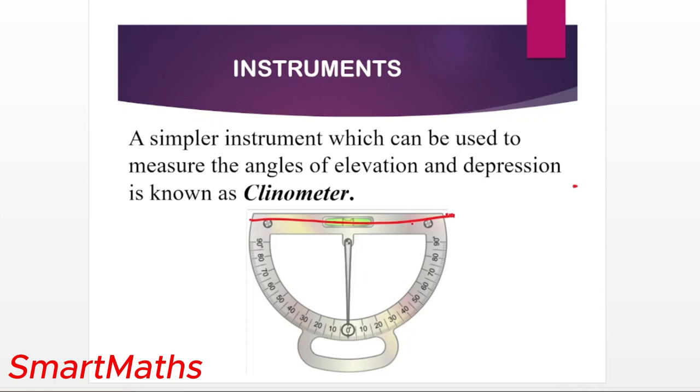If you raise it up, this line will be changing, and wherever it stops, it gives you the angle. If you are looking down, the same thing happens going the other way. You can see that we have 0 to 90, 0 to 90, depending on whether you are looking down or looking up. We're still going to look at the practical aspect of that later on.